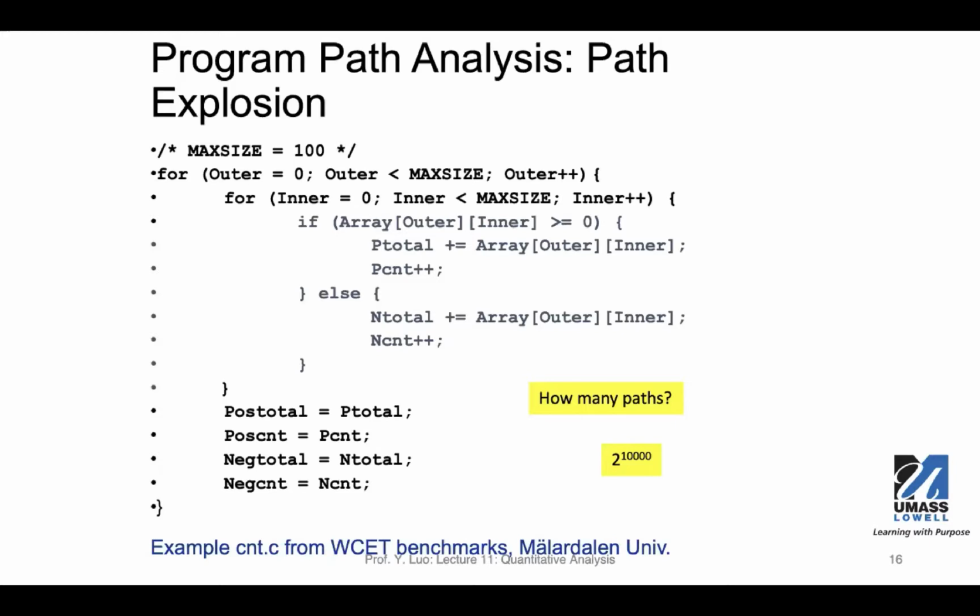That's why in every loop iteration, you have 2 possibilities. Now you have 10,000 iterations, so you're going to have 2 to the power of 10,000 different paths. So that means for worst case analysis, doing an exhaustive search is not feasible.